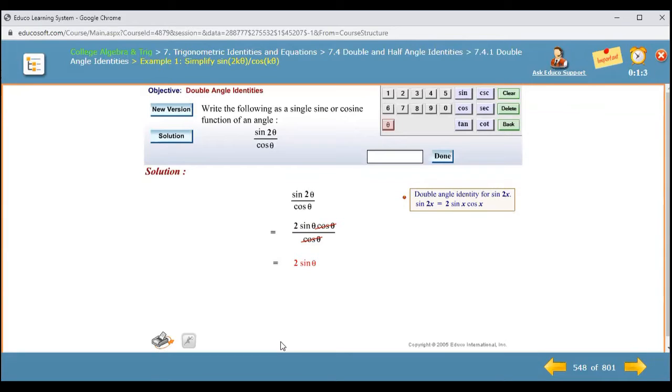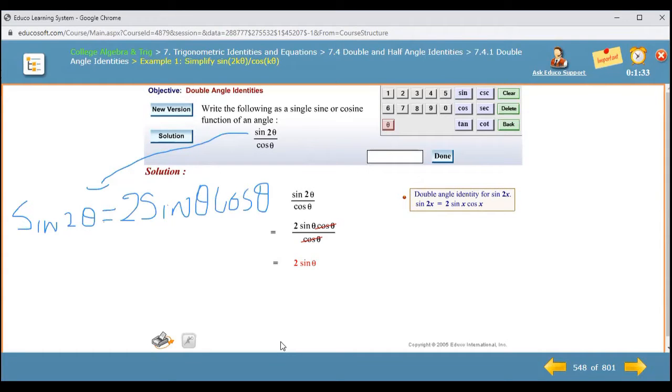Once again, where did we start from? We started from the double angle identity. According to the double angle identity, sine 2 theta is equal to 2 sine theta cosine theta.